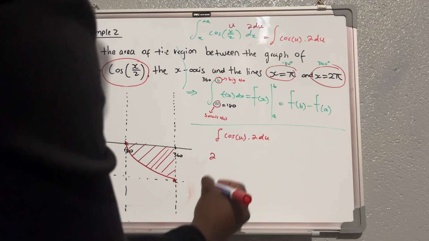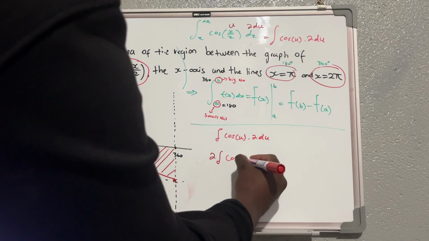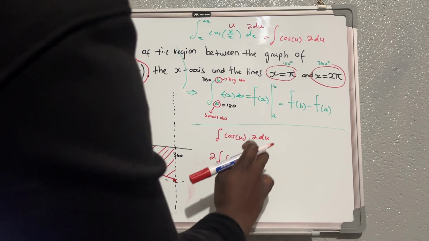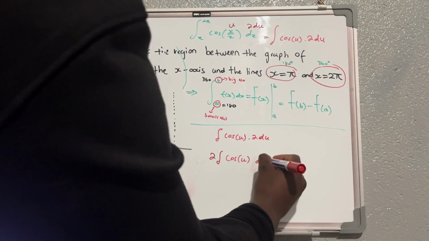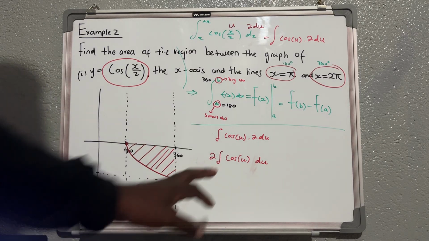So I will say I have my 2, an integral of cos of u du. See how clean that now becomes. So which rule do you know that can allow us to simplify this one?